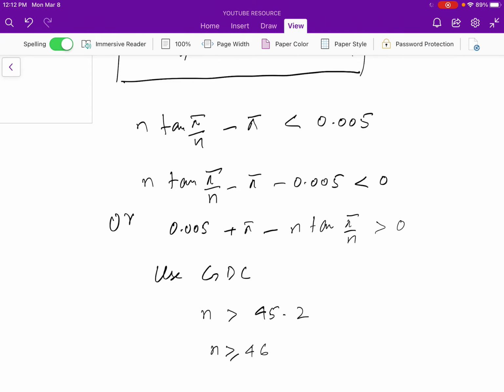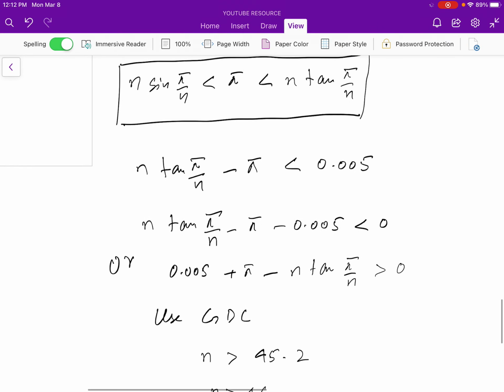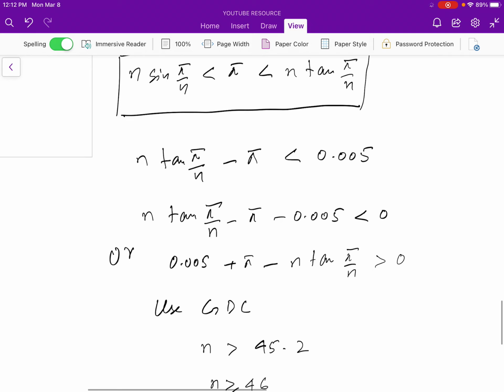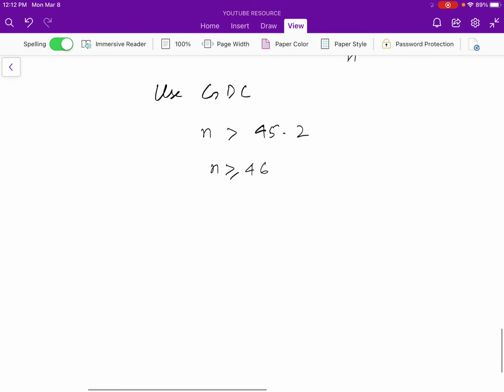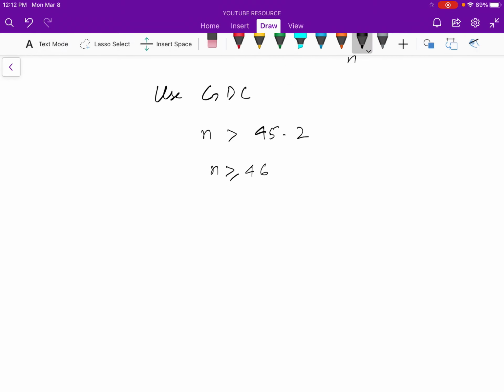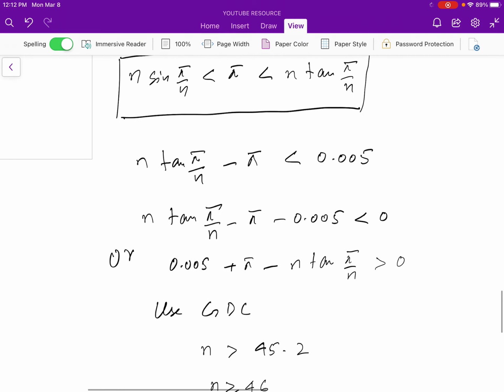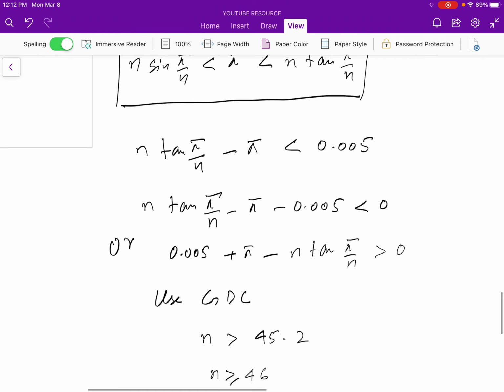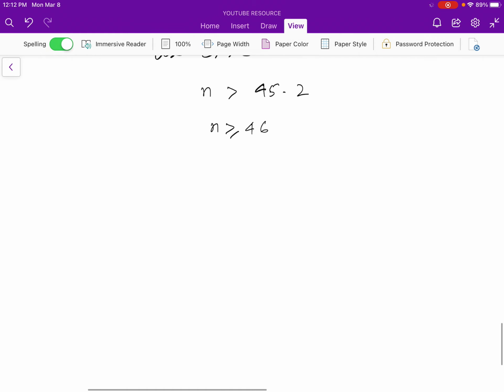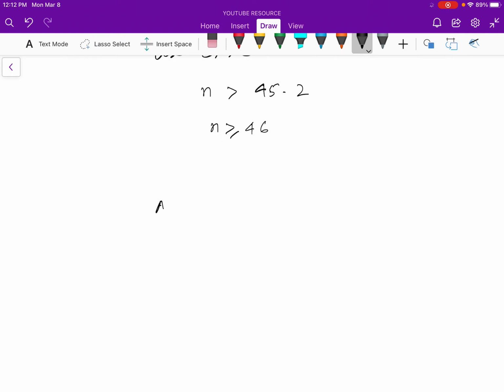Now if you look at the other side of the inequality, it says n sin pi by n less than pi. So we'll take the difference there. Since n sin pi by n is less than pi, we subtract it from pi. So pi minus n sin pi over n should be less than 0.005.